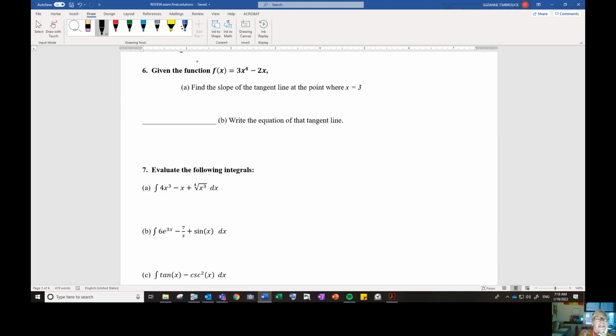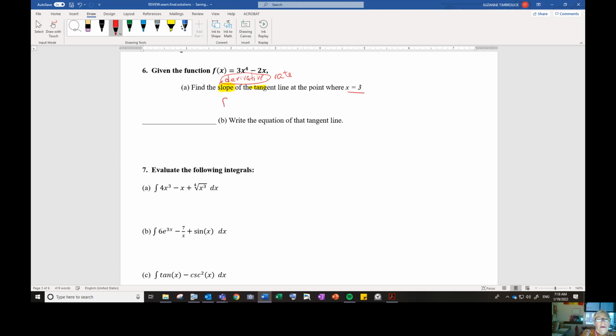Okay, number 6, you're given this function and you're asked to find the slope of the tangent. And remember, another word for slope is derivative, and another word is rate, but we're going to use the derivative. We want to find the derivative of the function and evaluate it when x is 3.